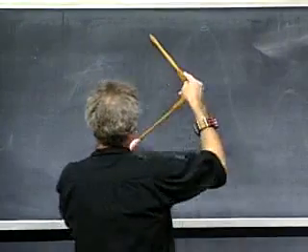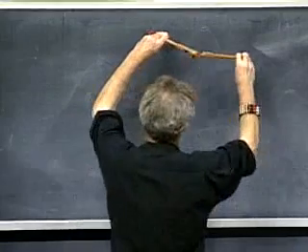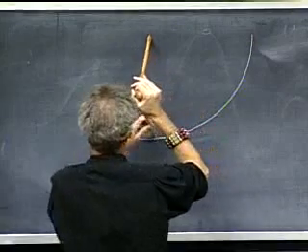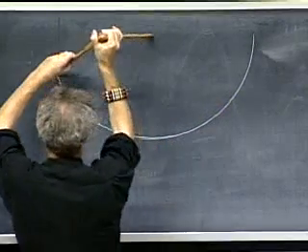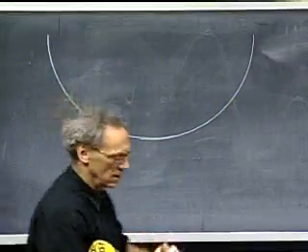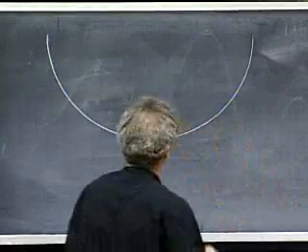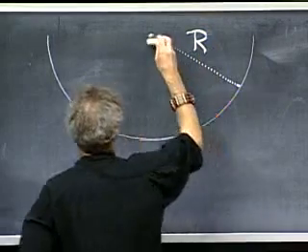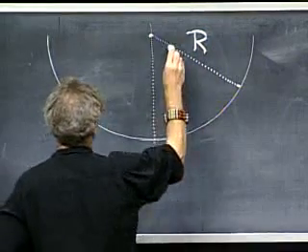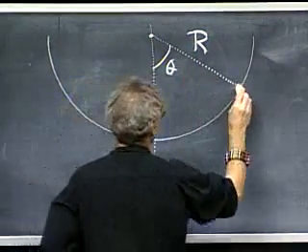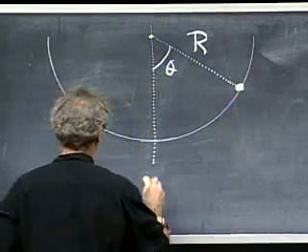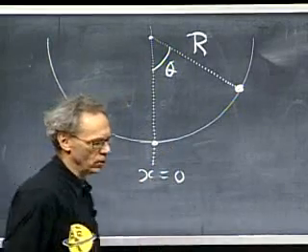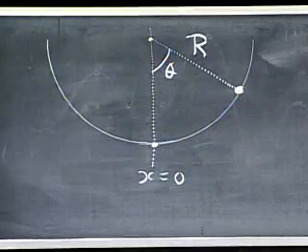And to make it as perfect as I can, I even have here a pair of compasses. That's the track, and the track has a radius r. At this moment in time, the angle equals theta, and here is the object. I call this x equals 0. That is also, of course, where theta equals 0.